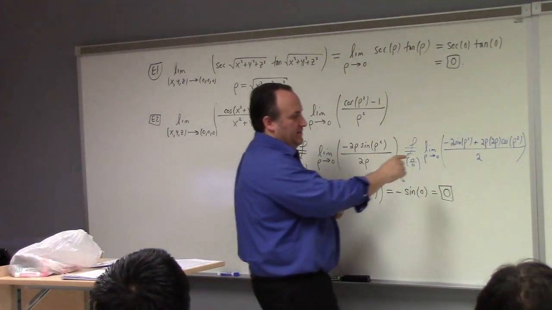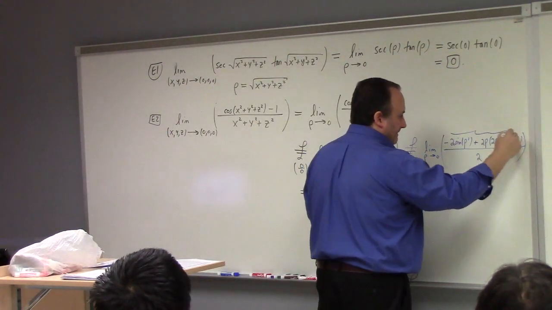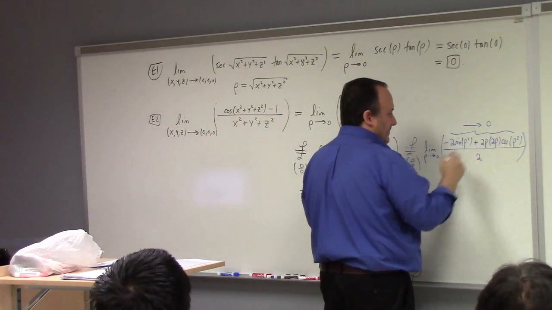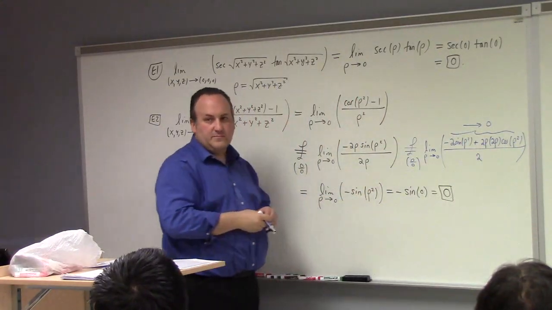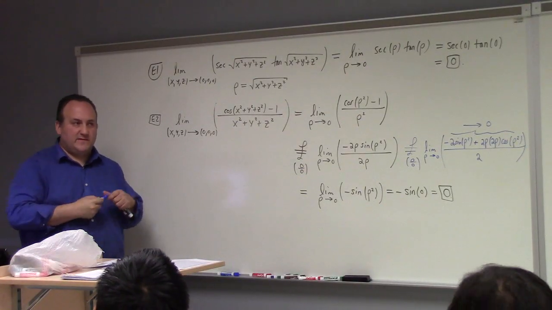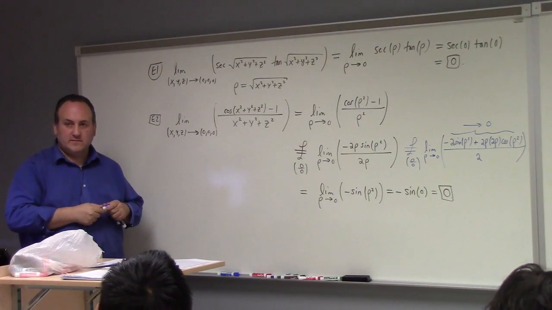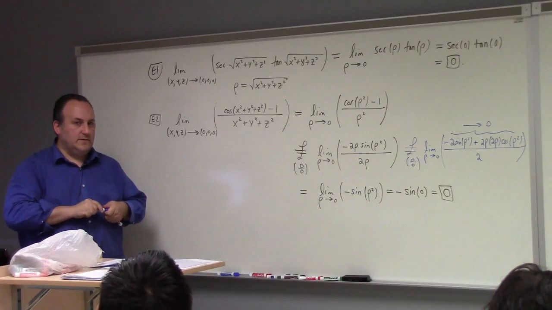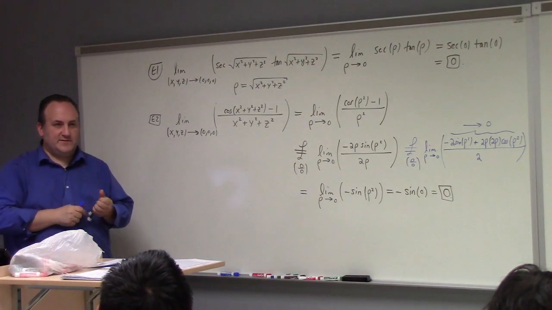But again, this whole thing is going to 0. So you get 0 over 2, which is still 0. But I think in this case, algebra is easier than L'Hopital's rule, right? Agree? Can I come up with a more difficult example for this?